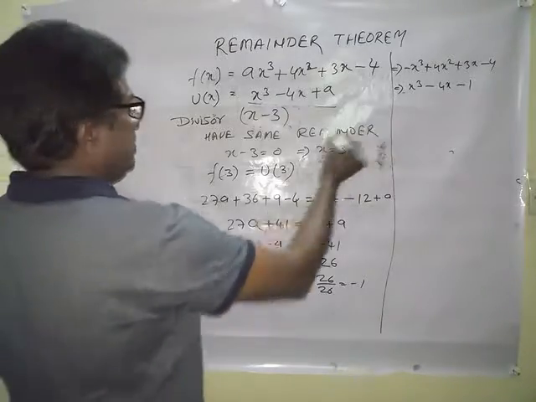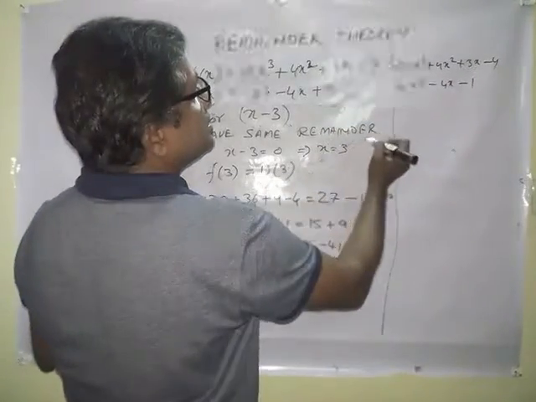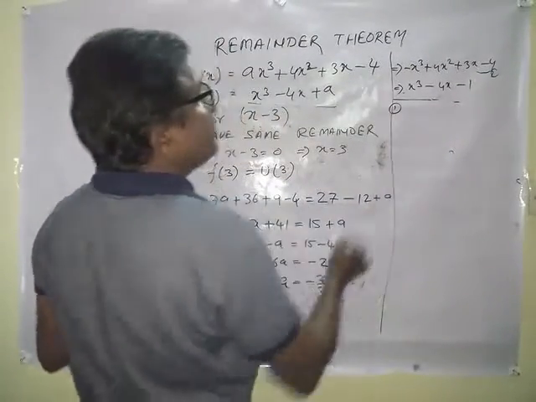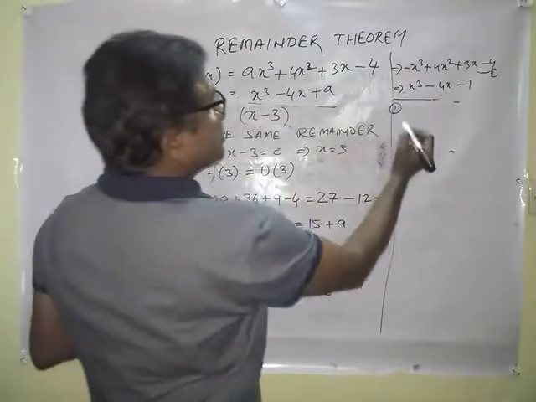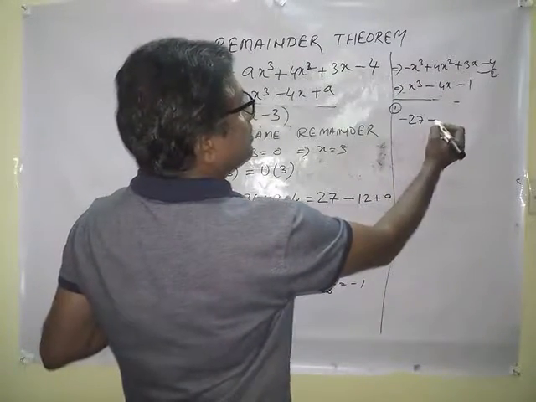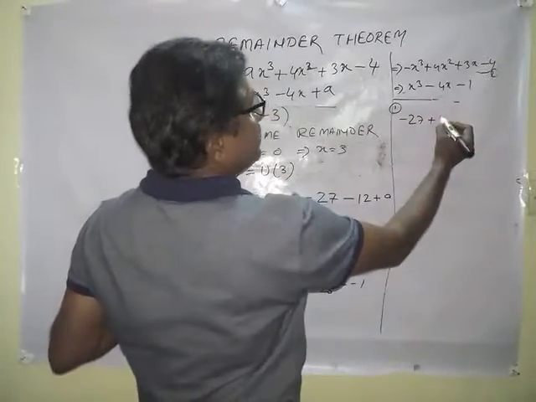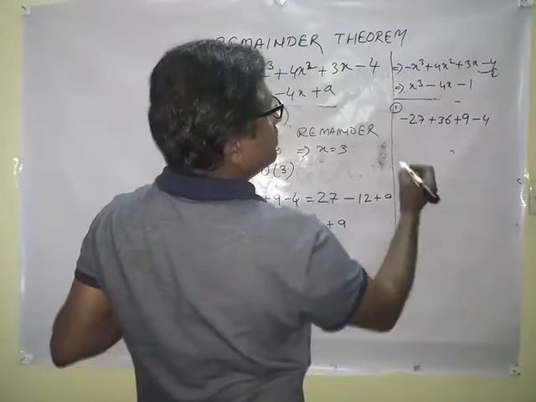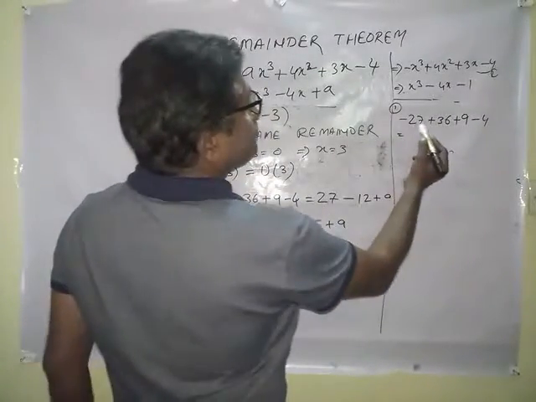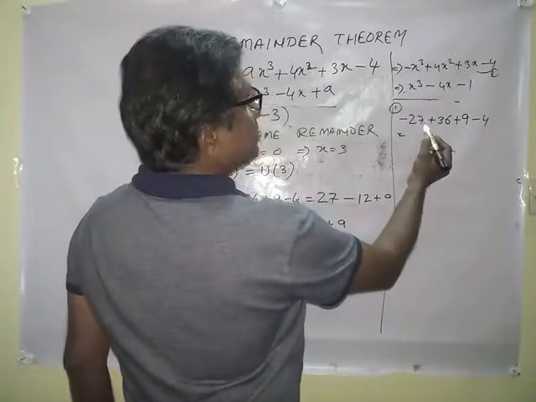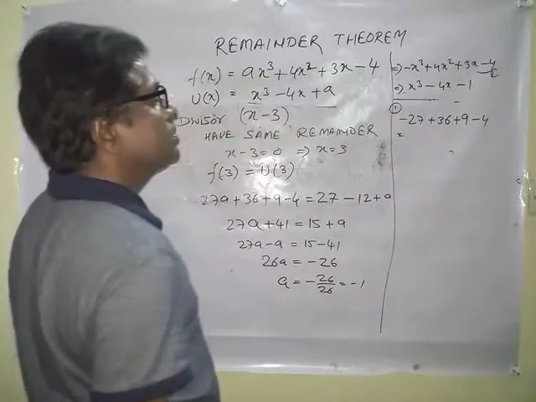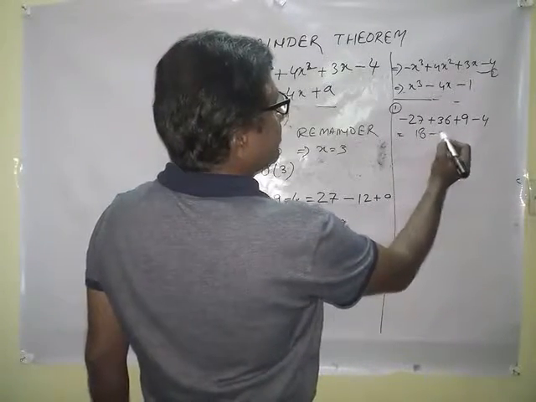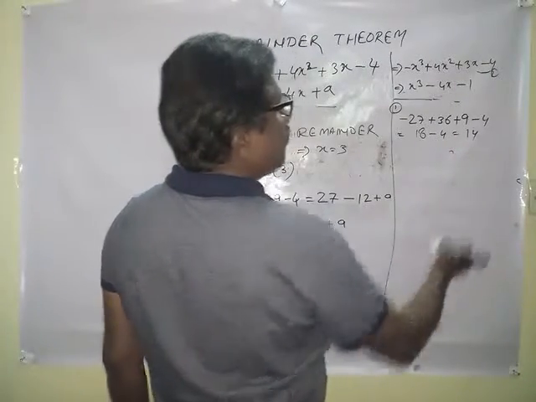Now quickly place the value of 3 here in this equation. This is number 1. Then number 1 will become 3 minus 27 plus 4x square, 9 into 4 36, plus 3 into 3 9, minus 4 equal to this will become 9 plus 9 plus 9 18, minus 4 equal to 14.